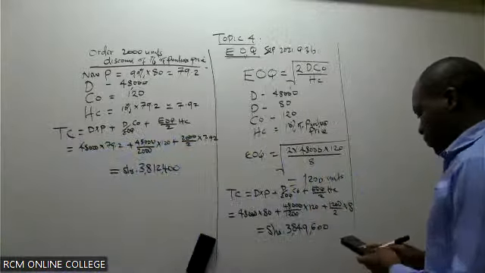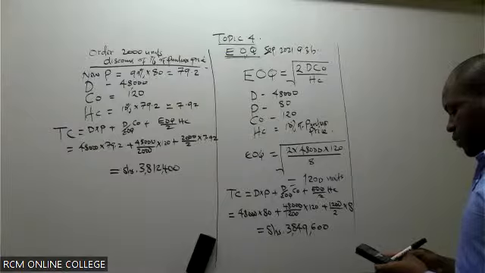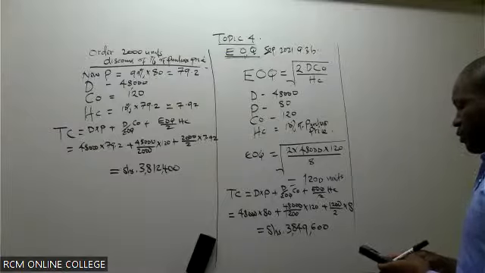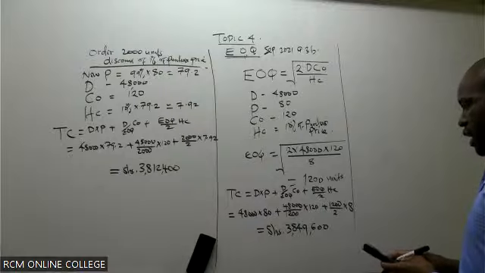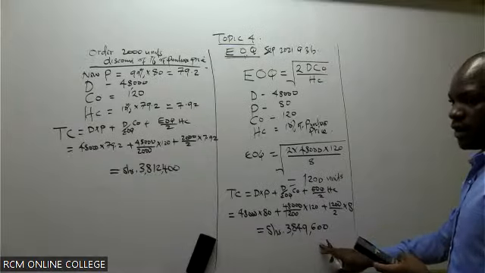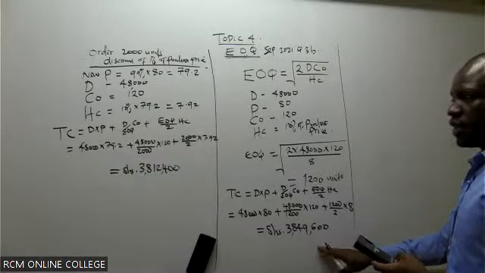This other side, 48,000 divided by 1,200, we multiply by 120. To that, we add 600 by 8. To that, we add 48,000 by 80. 38.49, 600. 38.49, 600.